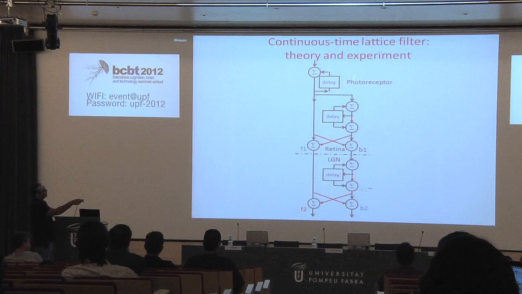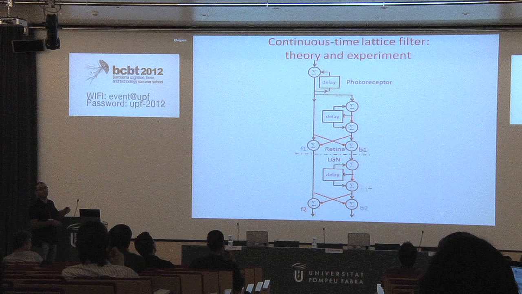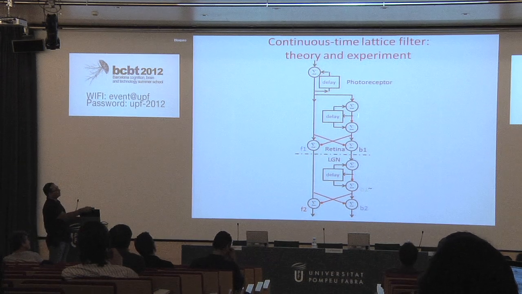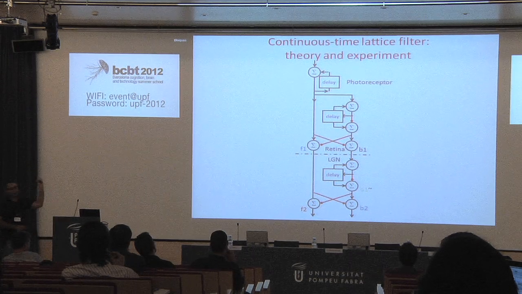You put a delay in the positive feedback of the incoming stage, and this would be presumably in the photoreceptor. This is this low-pass filtering of the photoreceptor. And then in every stage, instead of putting feedback directly in the backward pathway, you put something which is known in engineering as an all-pass filter.